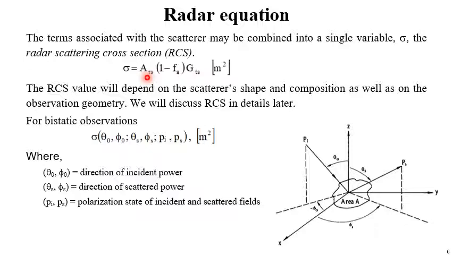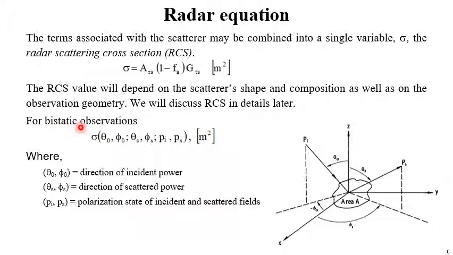So we want to represent all these parameters in terms of a single parameter sigma, and that sigma is called the radar scattering cross section, or RCS. And the RCS value depends on the scatterer's shape and composition, as well as on the observation geometry. We will discuss it later on.